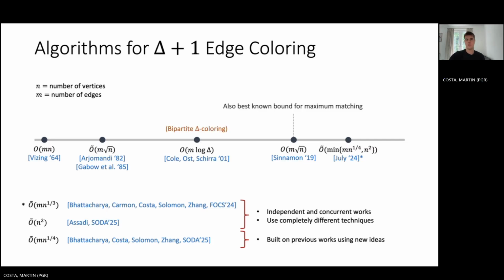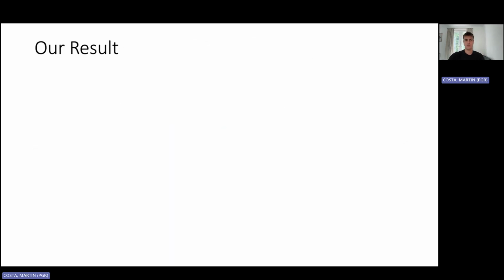Okay, and it's also been known how to Δ-color bipartite graphs in near-linear time deterministically for quite some time. The case of bipartite graphs is much simpler here, and there is an algorithm which very crucially exploits bipartiteness in order to achieve a near optimal algorithm for this problem already, okay?